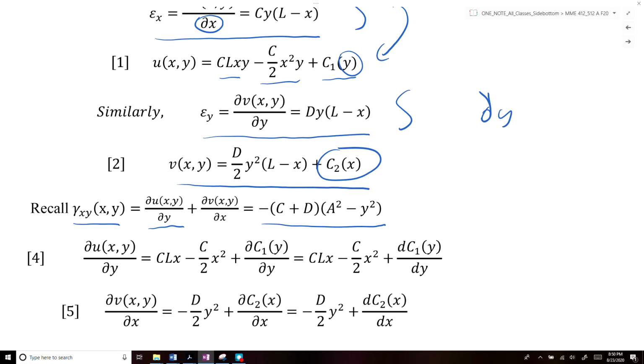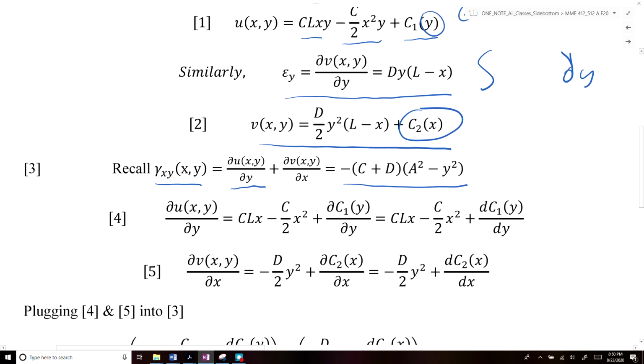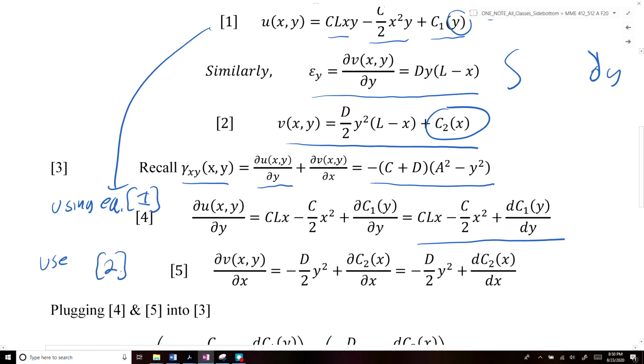So if we take the derivative of equation 1 here, and we bring it down, we can solve for this integral here, right? And then we can do the same thing if we use equation 2. All right, we can take the derivative with respect to x. All right.